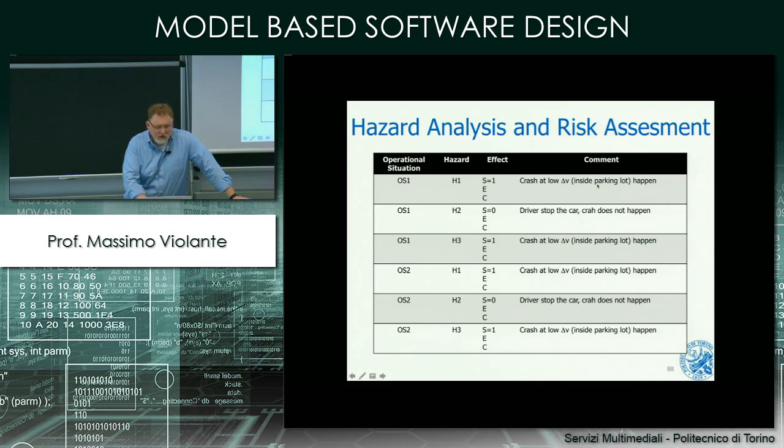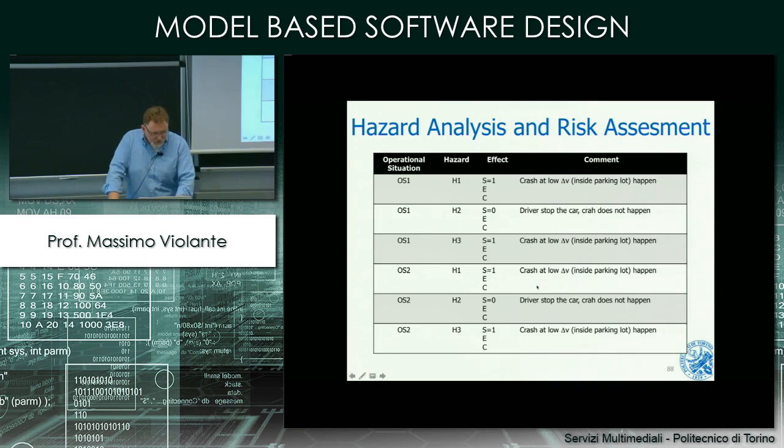This is because we have a crash between two vehicles at low speed. We are doing a maneuver inside the parking lot. We are going slow. We have two cars that hit each other, so severity is 1. Okay?